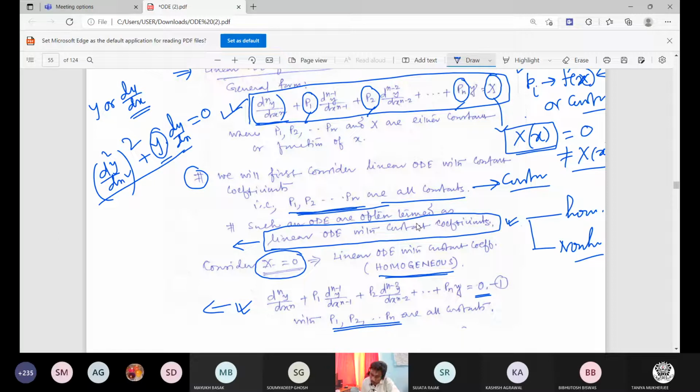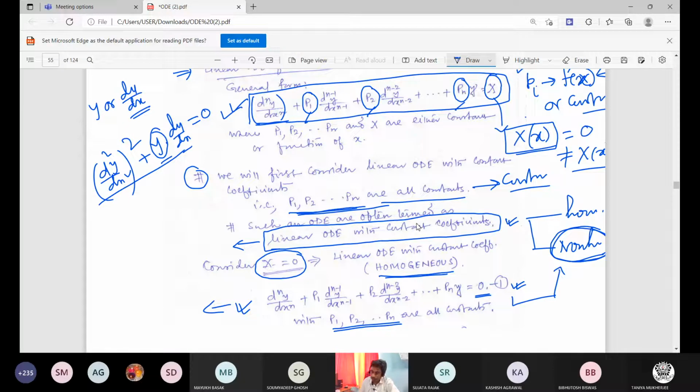So first we'll go through how to solve this equation 1. Then we'll extend the idea to consider non-homogeneity, that means right hand side is non-zero. With the help of the solution of equation 1, we can further extend the technique to get the solution of the non-homogeneous differential equation.